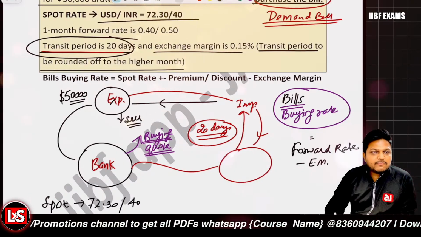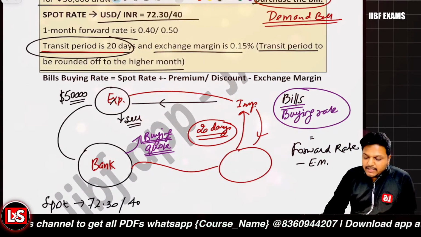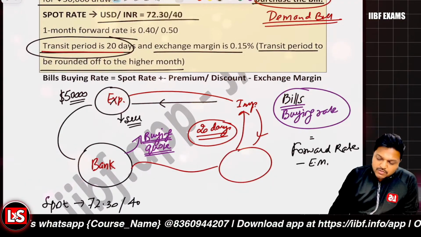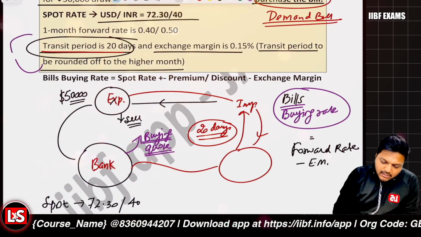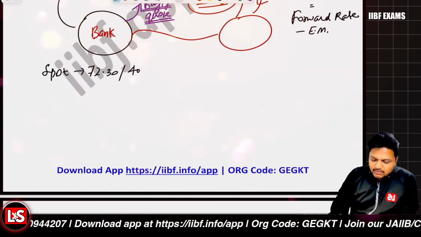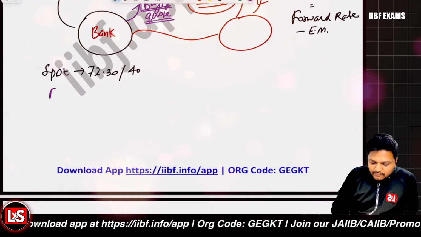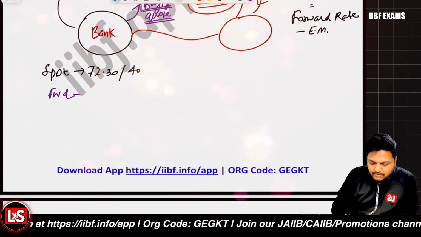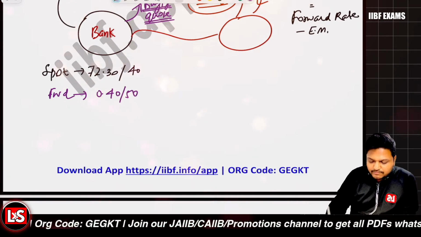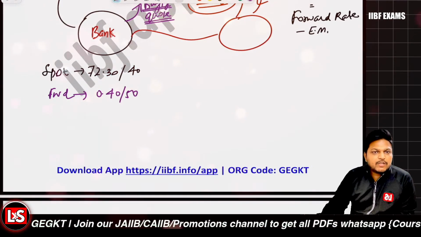Okay, we are not provided the forward points for 20 days. It is said that transit period is to be rounded off to the next higher month. So now we have to consider the forward points of 1 month. And these are given to be the forward points for 1 month, 0.40/50.